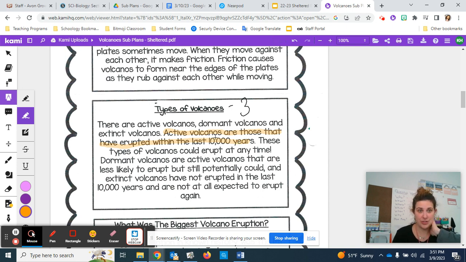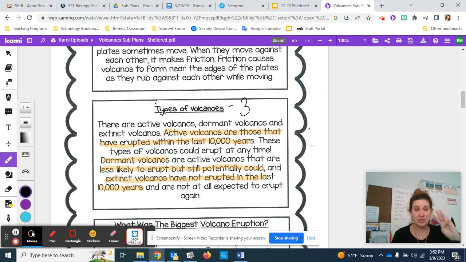Dormant volcanoes are active volcanoes that are less likely to erupt, but still potentially could. Y la última, extinct volcanoes have not erupted in the last 10,000 years and are not expected to erupt.